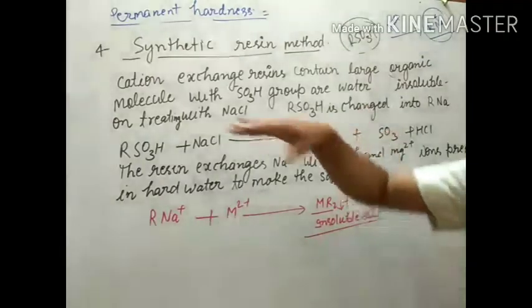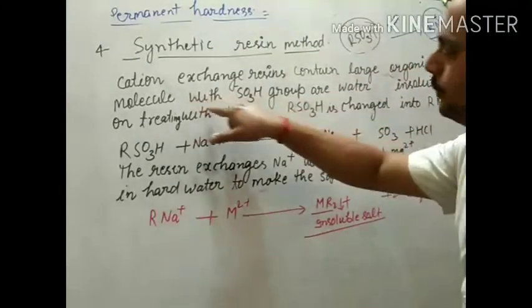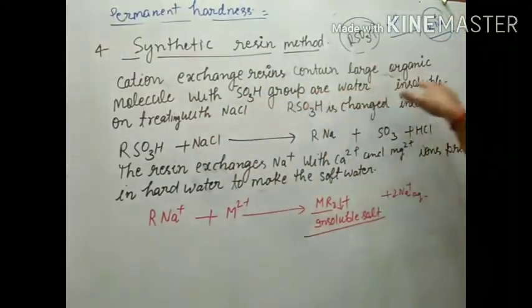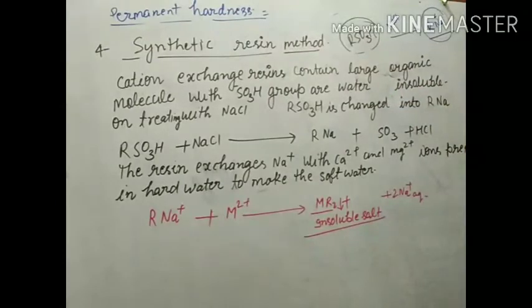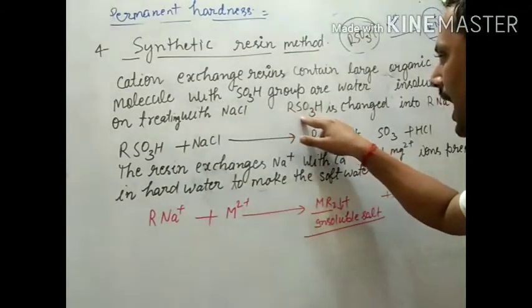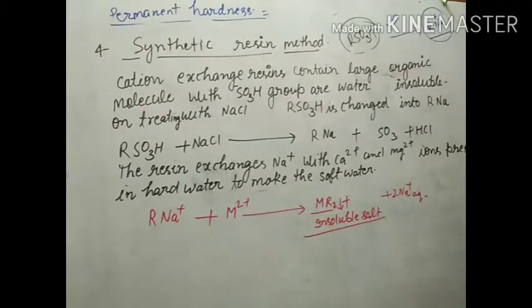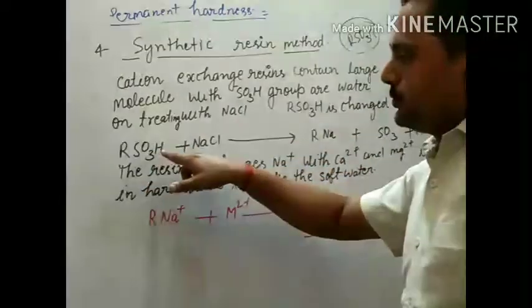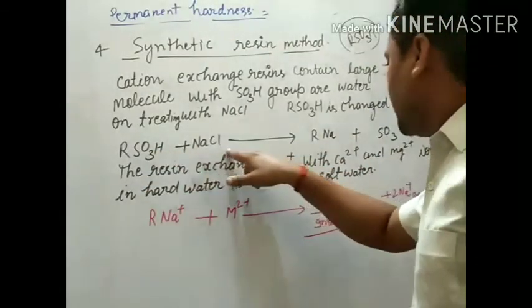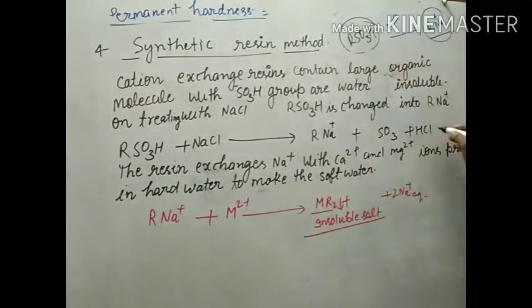So cation exchange resin contains a large organic molecule with SO3H group, water insoluble. On treating with NaCl, RSO3H is changed into RNa. RSO3H plus NaCl reacts and forms RSO3Na plus HCl.